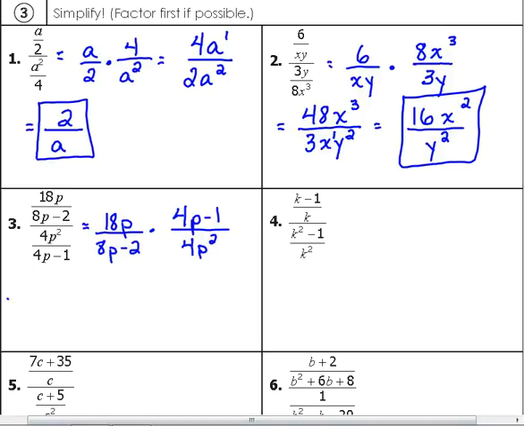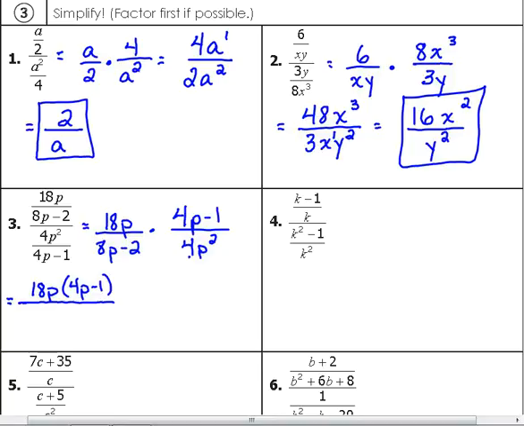All right, so we're going to multiply, but we're not going to multiply it out. So we're going to keep the 18p in front, and the 4p minus 1, we're just going to put that in parentheses. I don't want to multiply it out because our goal is to be able to simplify, and to be able to simplify, we've got to keep things in factored form.